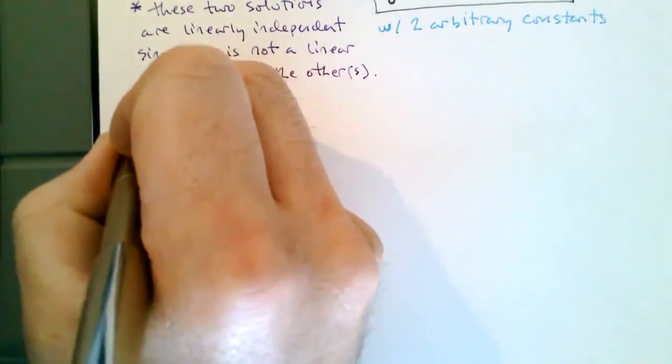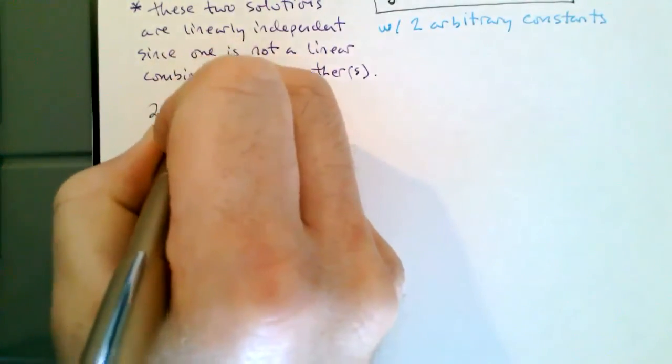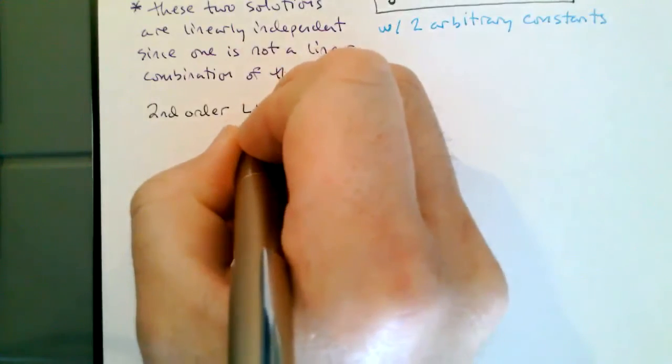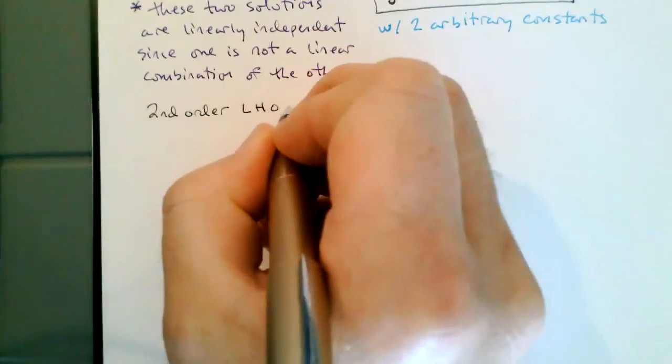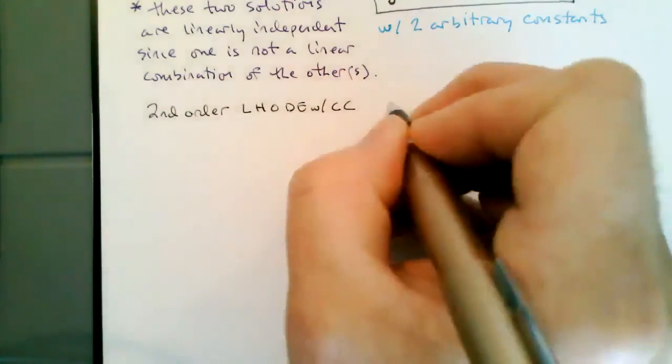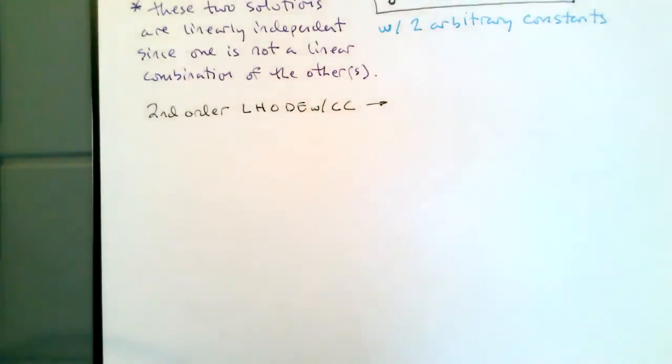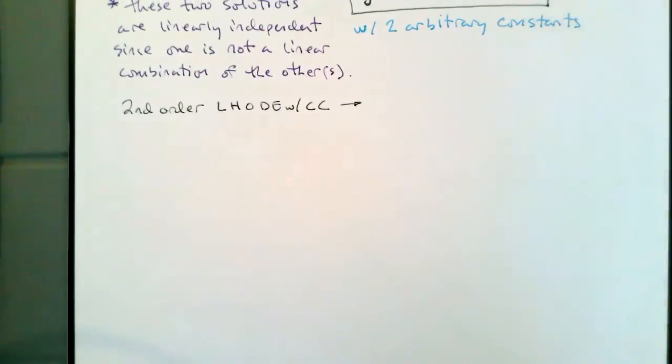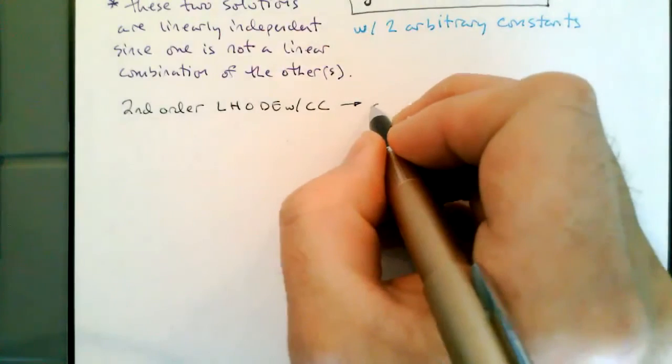So we have the second order linear homogeneous ordinary differential equation with constant coefficients. It will lead to a quadratic characteristic polynomial.